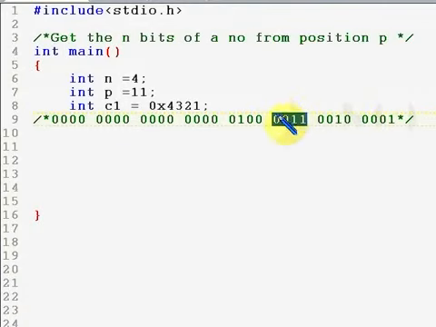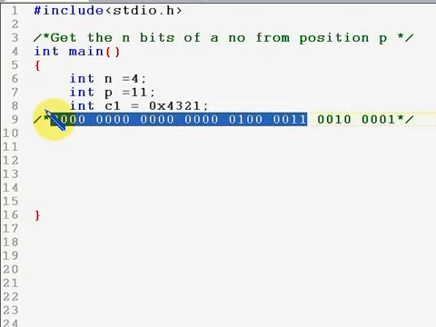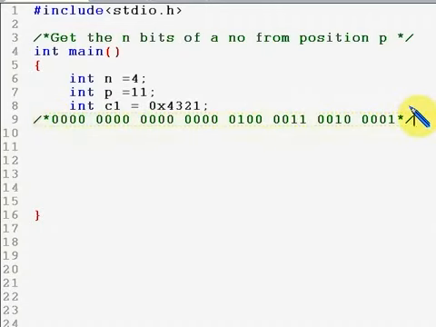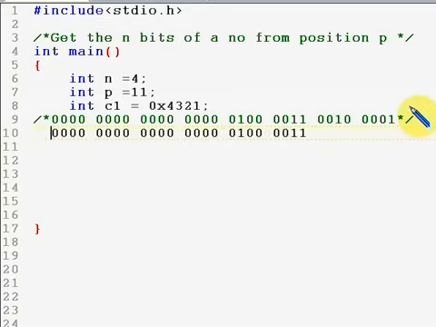That means I'm going to right shift this to here. Let me write it again and you will understand what I'm saying. The left side I'm going to fill up with zeros, so I have these bits at the right hand side.